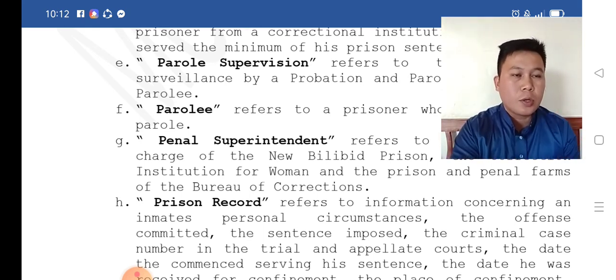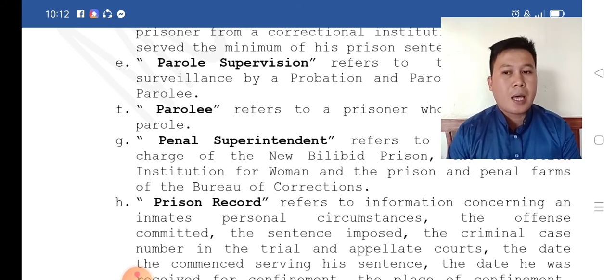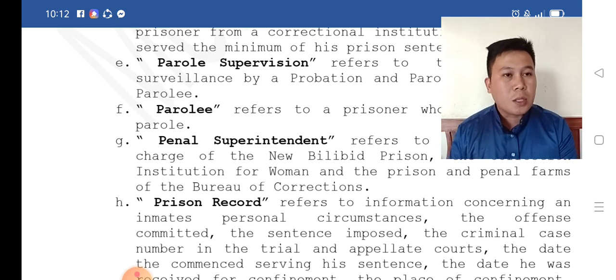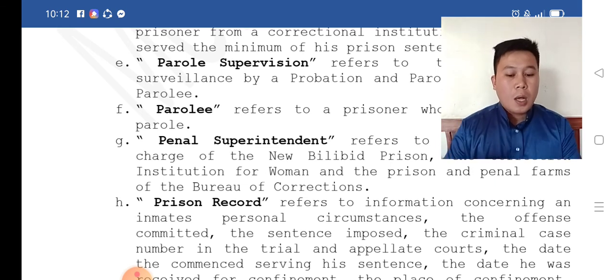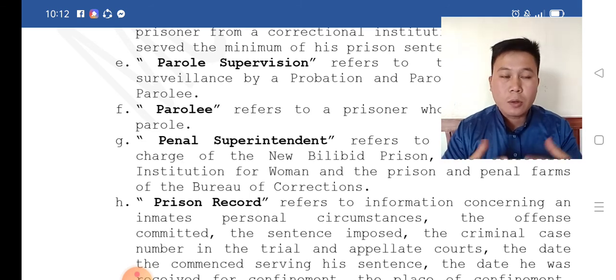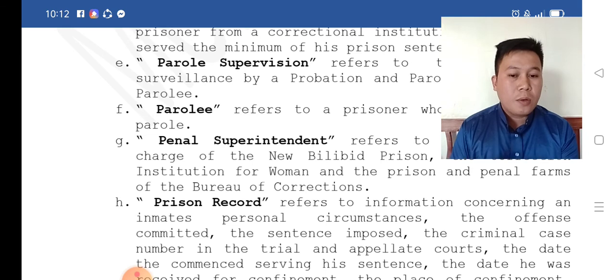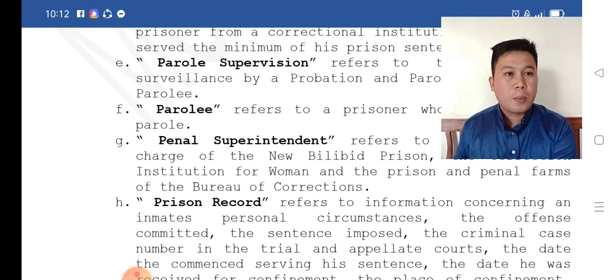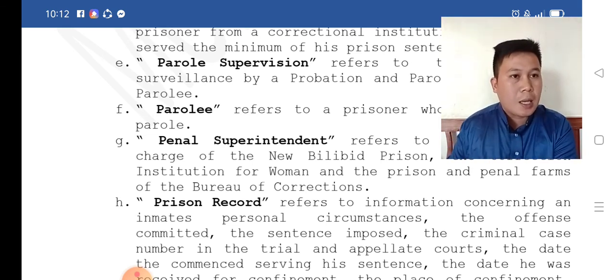Alamin nyo yan dahil kung hindi ka nakinig doon sa first part, kaya yung institutional correction sa prelim is pinag-aralan natin. Pinasok ko sa subject natin dahil gusto ko handa kayo. Because I wanted to give you a review on the previous subject. Halimbawa, yung sa CA, tapos na ninyo.